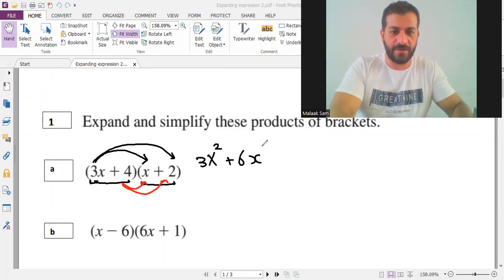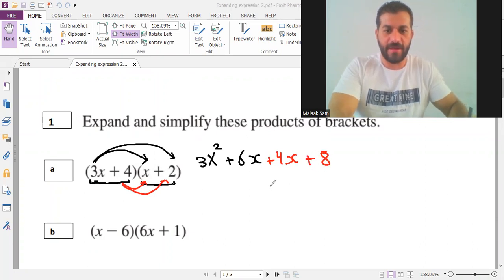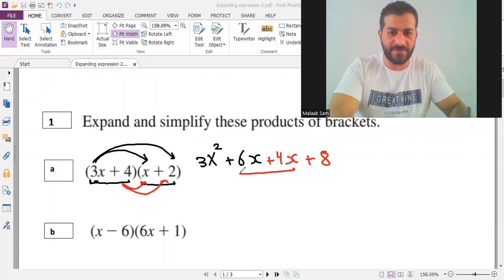So 4 multiplied by x, it's 4x. And 4 multiplied by 2, it's 8. Now collect like terms. I have 6x and 4x. Add them together, we will get 10x. So 3x squared plus 10x plus 8.